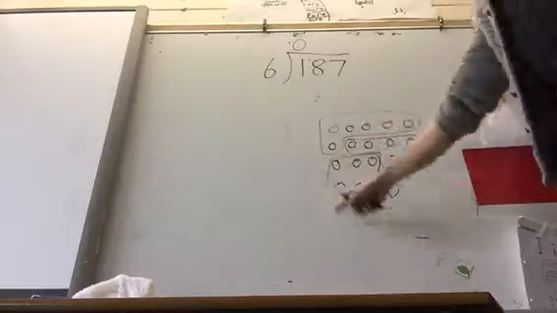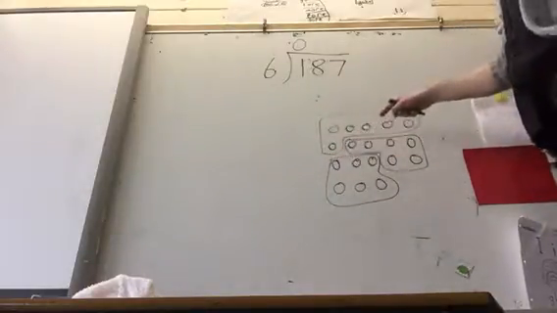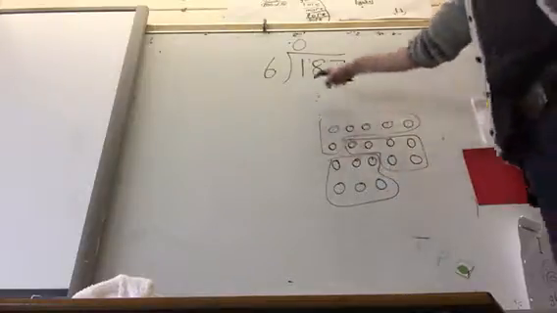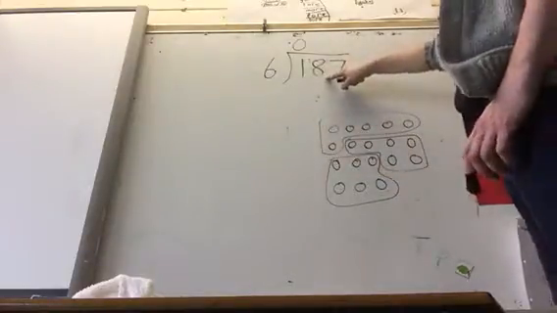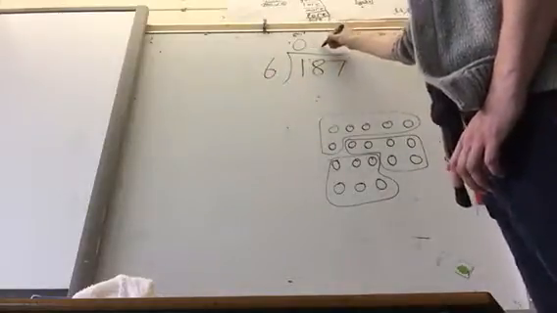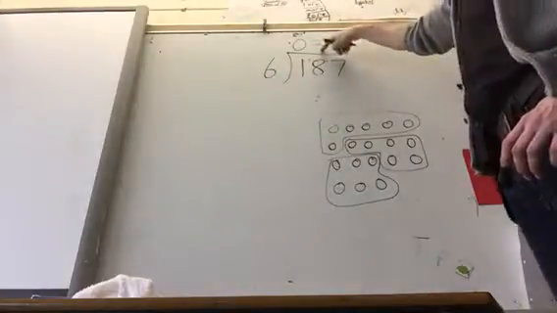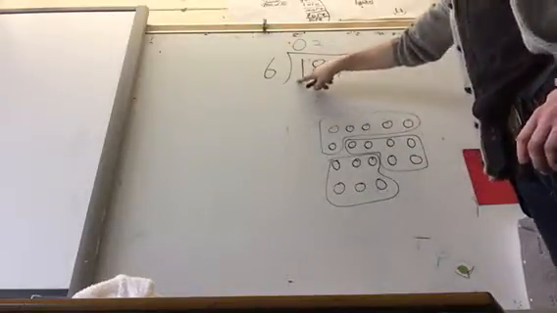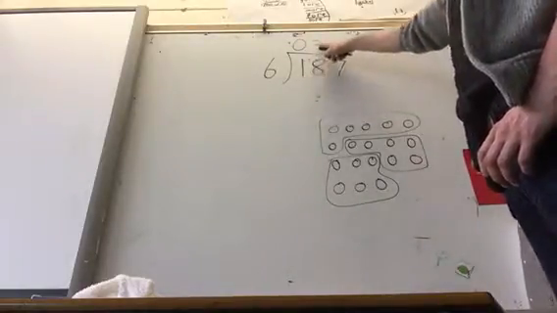So if you have 18 cookies, you can make 3 groups of 6. And the 3 goes above the number that we're dealing with. We're dealing with 18, so the 3 goes above the 18.